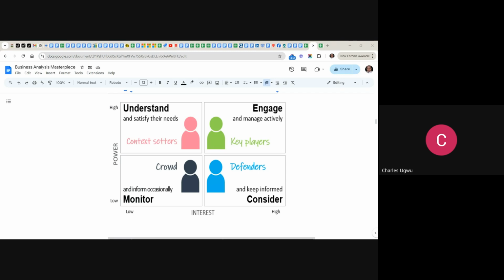Then, these people with high power, and you see interest here. Within the interest, we have high interest and we have low interest. Then these people with red color have high power and low interest. In our case, with Food Traku, they are people with high power and low interest.